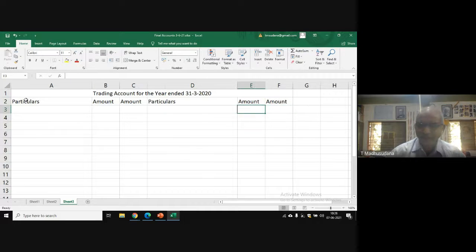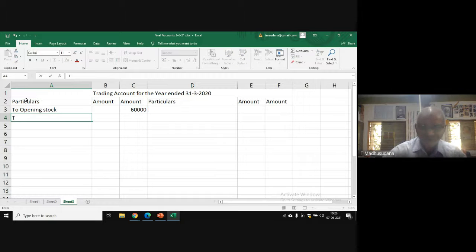Okay, so first let us see the debit side. What is the first item that appears on the debit side of the trading account? To opening stock. Opening stock will appear in the trial balance, that is 60,000 rupees. Understand?